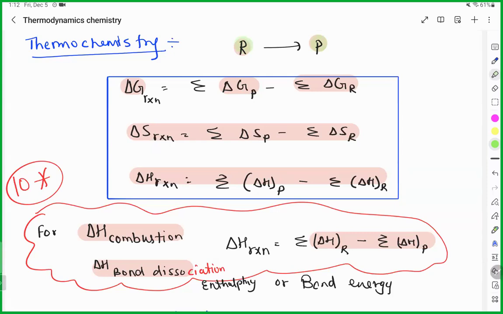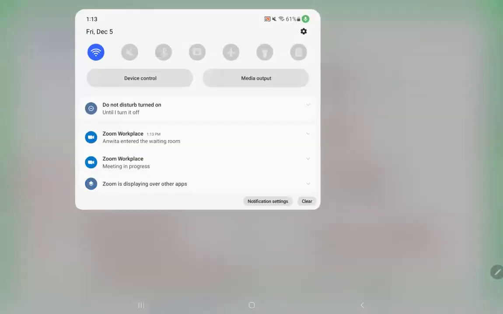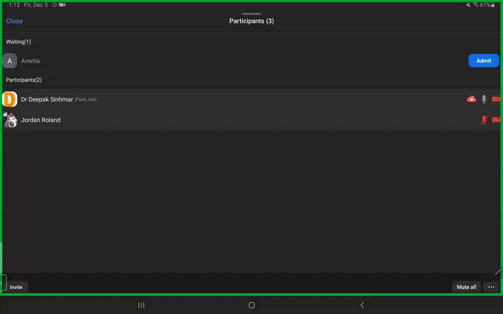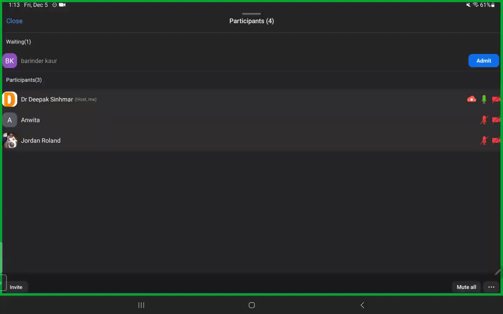Whenever you calculate any value, whether it is Gibbs free energy of the reaction, entropy of the reaction, or enthalpy of the reaction, these are the three things. Gibbs free energy is the energy that gives some useful work.